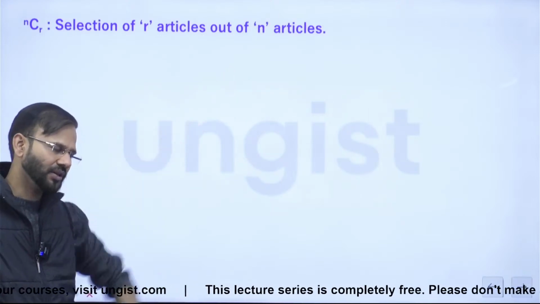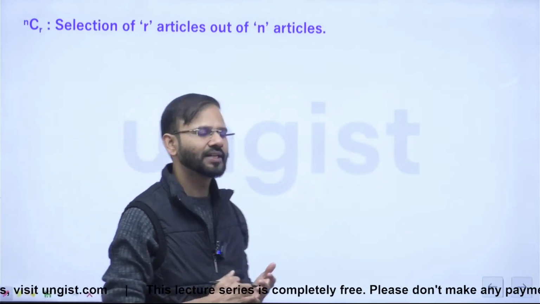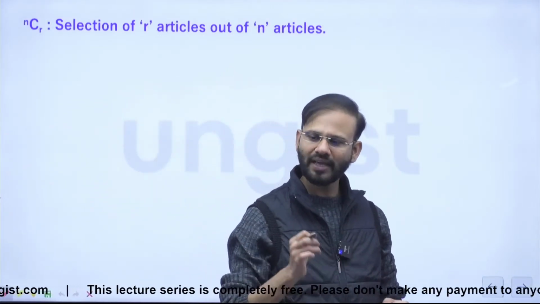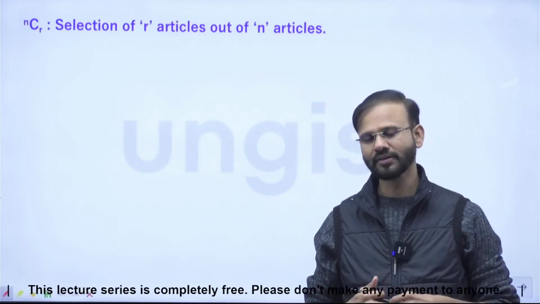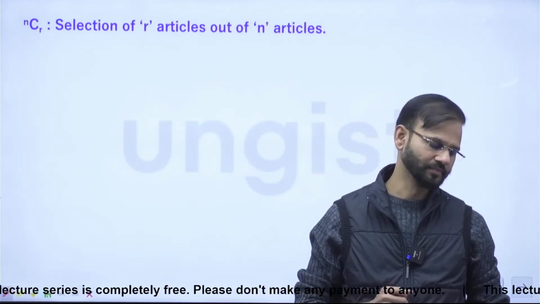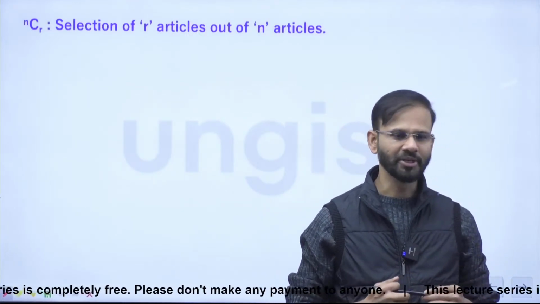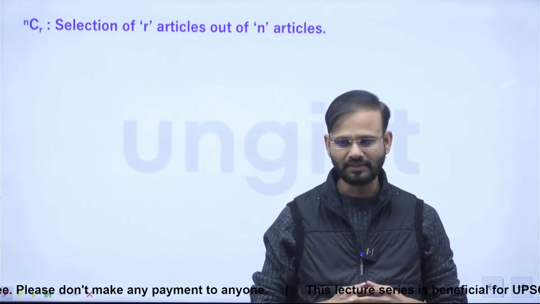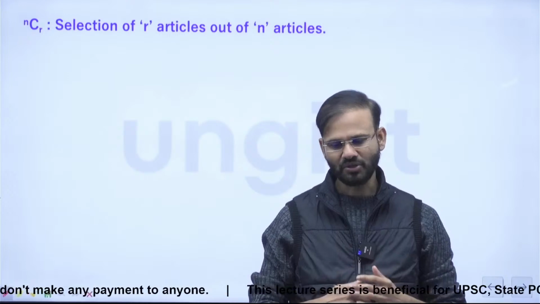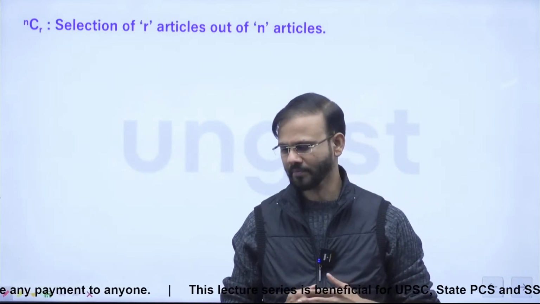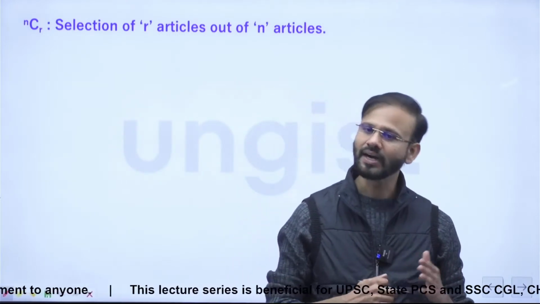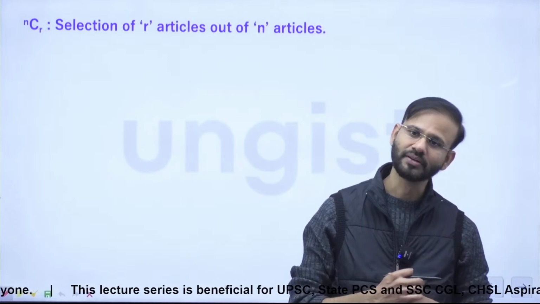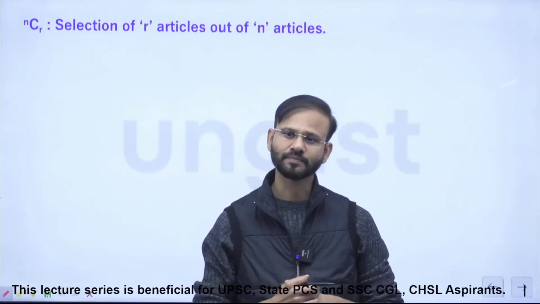You please write it down. Number of ways of selecting R articles out of N articles where order does not matter. I repeat, number of ways of selecting R articles out of N articles where order does not matter.